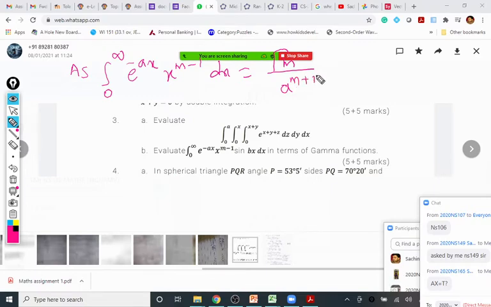No, only m. So only m is coming. You can check, gamma m upon a raised to m. This is actually one of the properties of the gamma function.